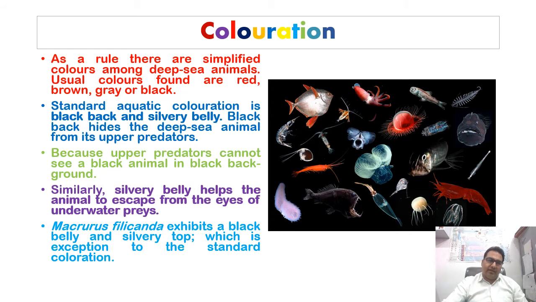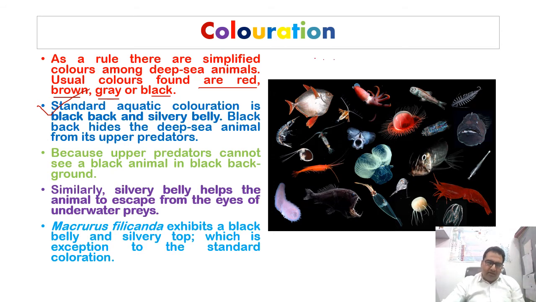Then talking about the coloration in the case of deep sea fishes. Coloration is also an important factor. As a rule, these fishes are red, brown, gray, or black. And the standard aquatic coloration is a black back and silvery belly. So why do fishes have a black back and silvery belly?